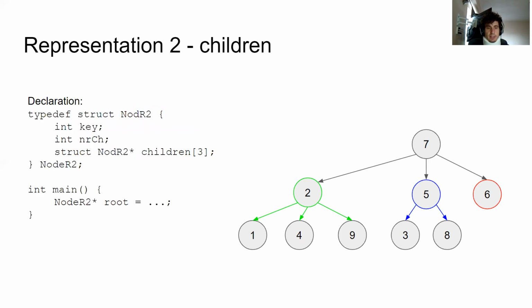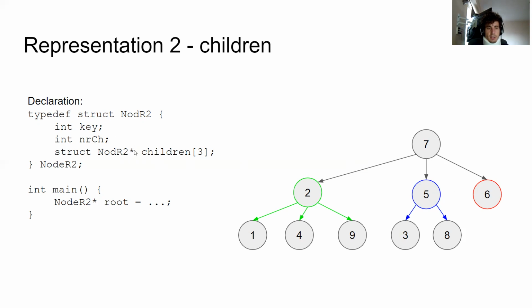All right, and let's see how it looks. So the data structure, for each node, we know a key. For example, here the key is 7. We have a number of children. So 7, for example, has 3 children and an array of children. So this will hold 2, 5, and 6.